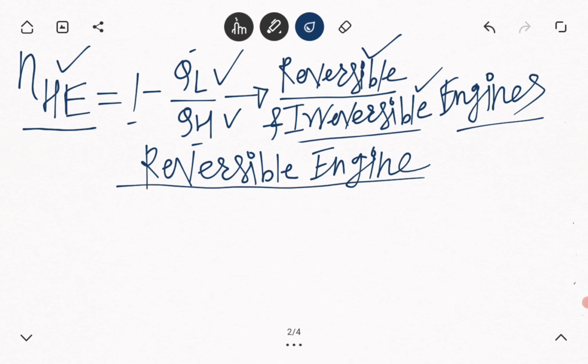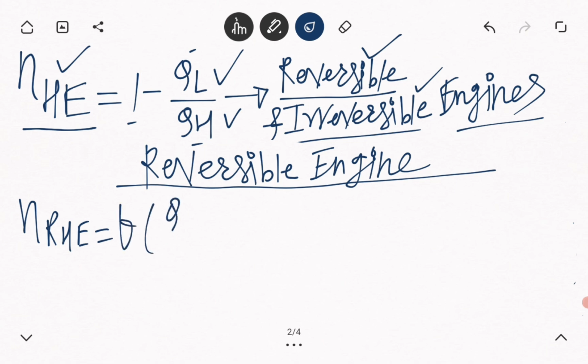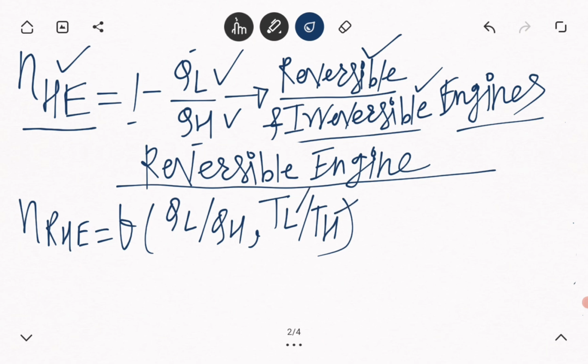But for reversible engine, efficiency of a reversible heat engine is a function of QL by QH as well as TL by TH, the ratio of the absolute temperature of low temperature body and high temperature body.